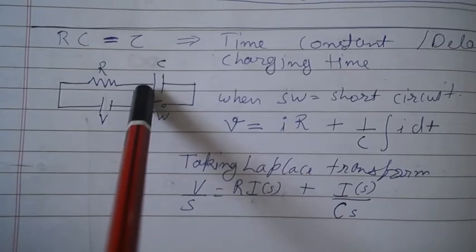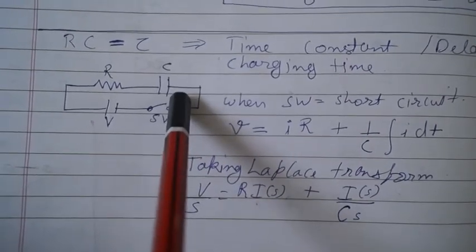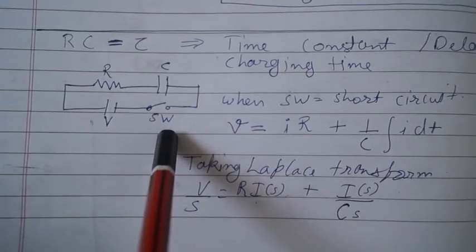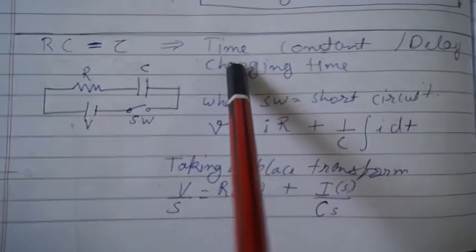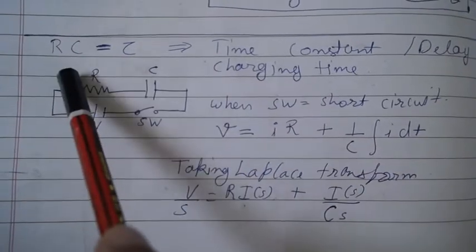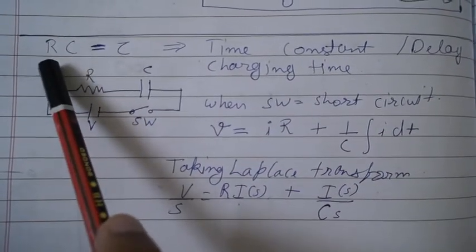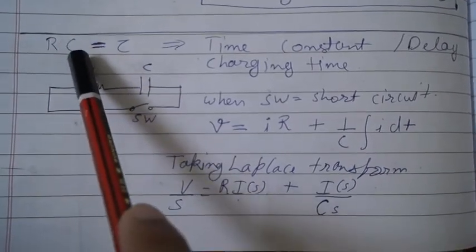This voltage is not developed instantaneously, but takes some amount of time, and that time is known as the time constant or charging time, which is calculated by the formula RC. R is the resistor in the circuit and C is the capacitance of the circuit.